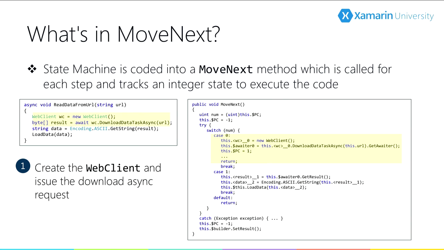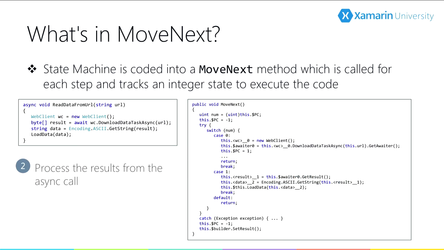In this case, we have all the code for initializing the web client and downloading the task, and then it moves to the next state. So we're going to leave this method, and when we come back, we'll run the remainder of the code.